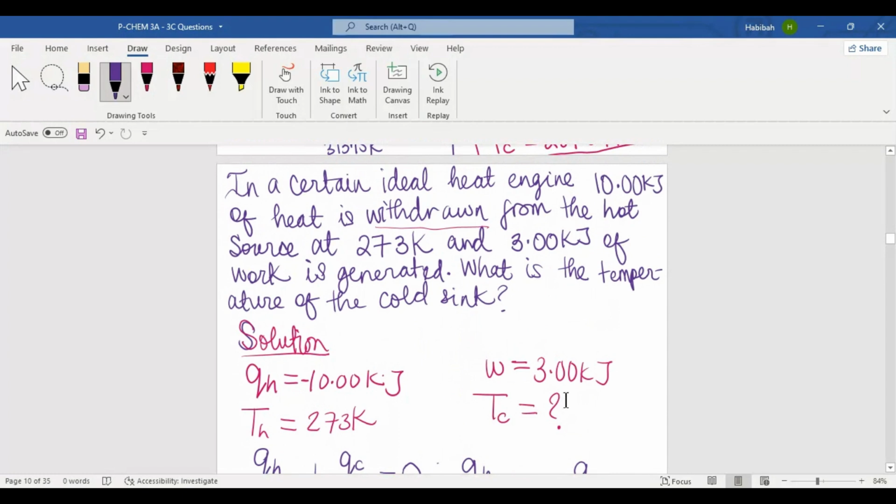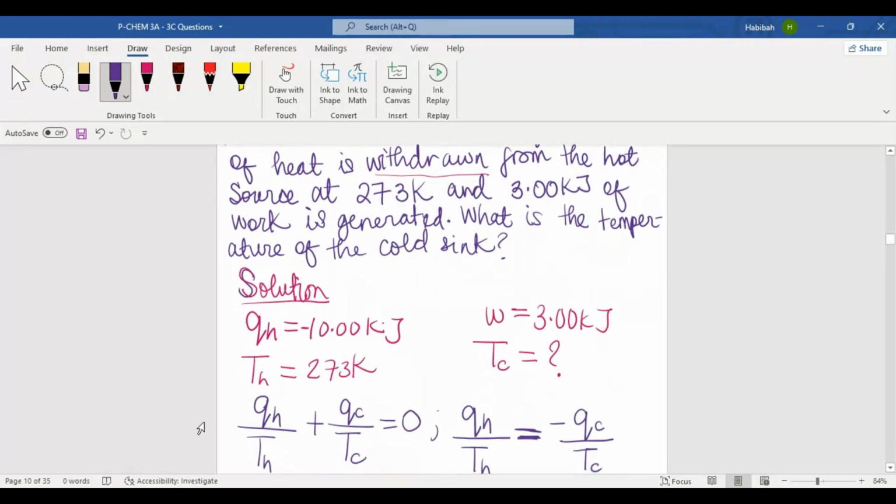In the ideal heat engine, the heat is withdrawn from the hot source, hence the negative 10.00, and part of that heat is used to generate work within the engine. Whatever is left of the heat that is not used to generate work is deposited into the cold sink.